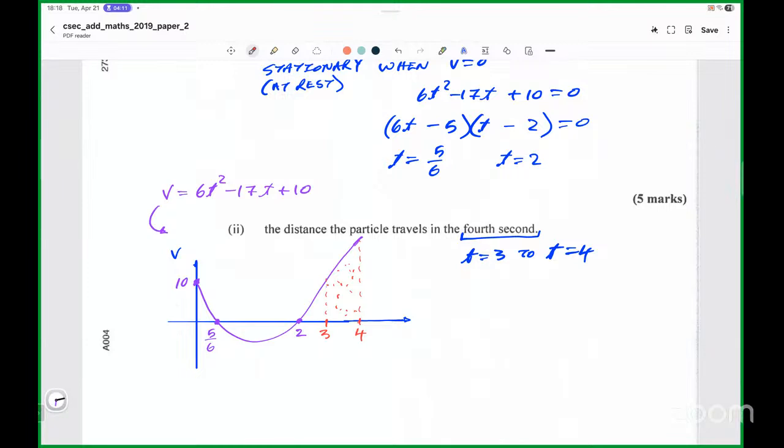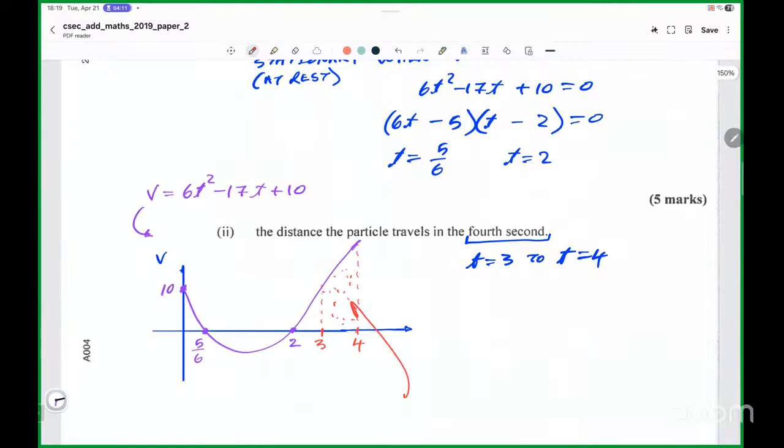The calculus method to find area under a graph: you integrate the equation of the curve, don't you? If you want to find this area here, integrate the equation of this curve, because distance traveled is the area under the graph, and we get it by integrating. So to find this area, we integrate this equation between 3 and 4.